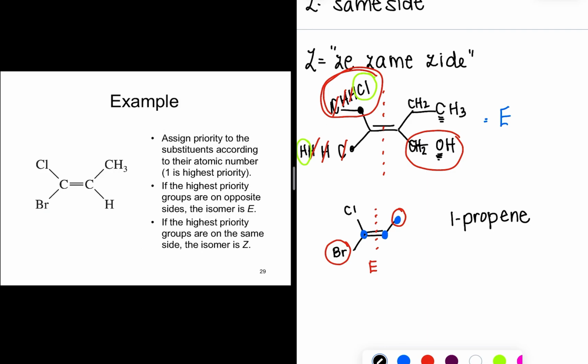This is going to be 1-bromo, 1-chloro, propene. I forgot to put the 1 in there: 1-propene. And now I tell the reader that it's the E isomer. It's the E isomer.